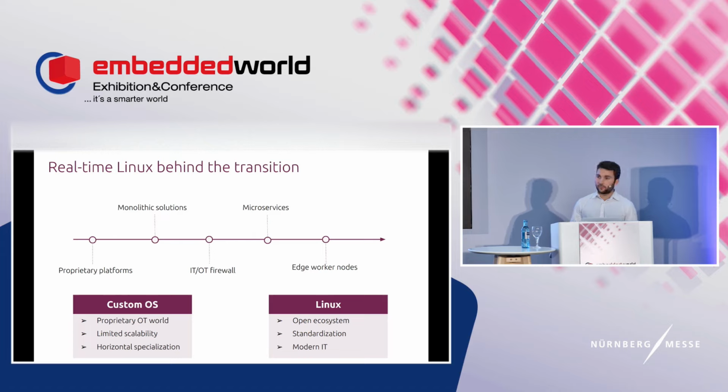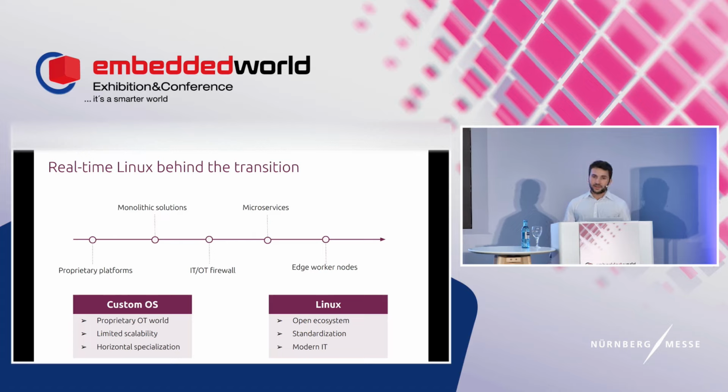And the industry transformation is going from fixed and proprietary functions toward loosely coupled architectures, often with portable applications and with multi-vendor interoperability. The architecture is loosely coupled because the microservices are portable and they can run on different nodes. And this is where Linux, with the different hardware on which it can run, helps in the transition.